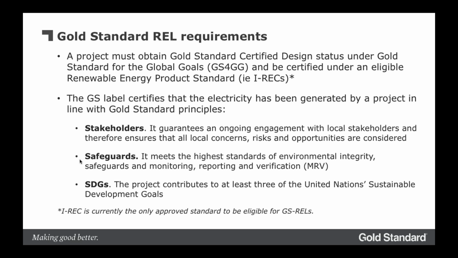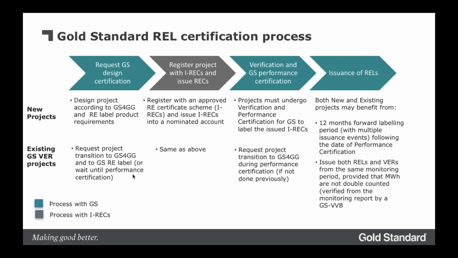If we move to the next slide, please, I will show you in a summary process how a new project and also an existing Gold Standard VER project can obtain this label. So, for instance, for a new project, a project would need to be designed according to the Gold Standard for the Global Goals and applying the renewable energy label product requirements.